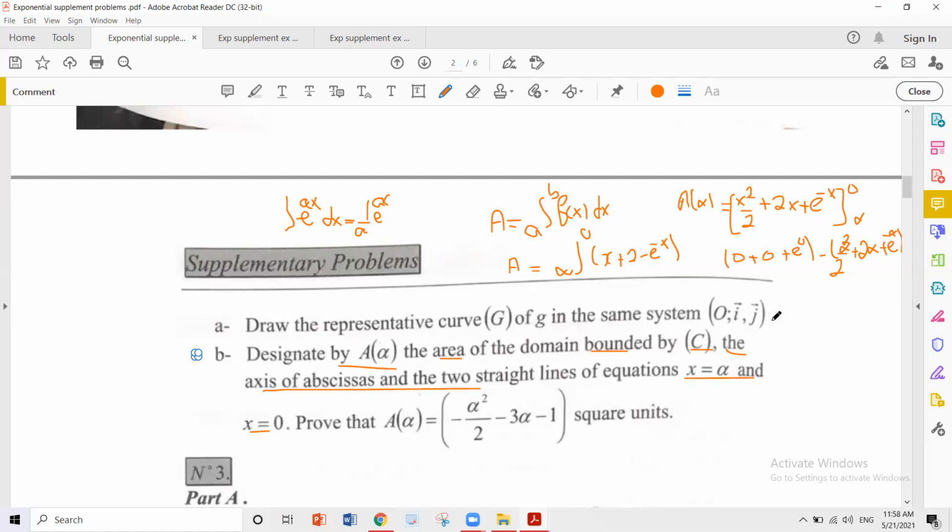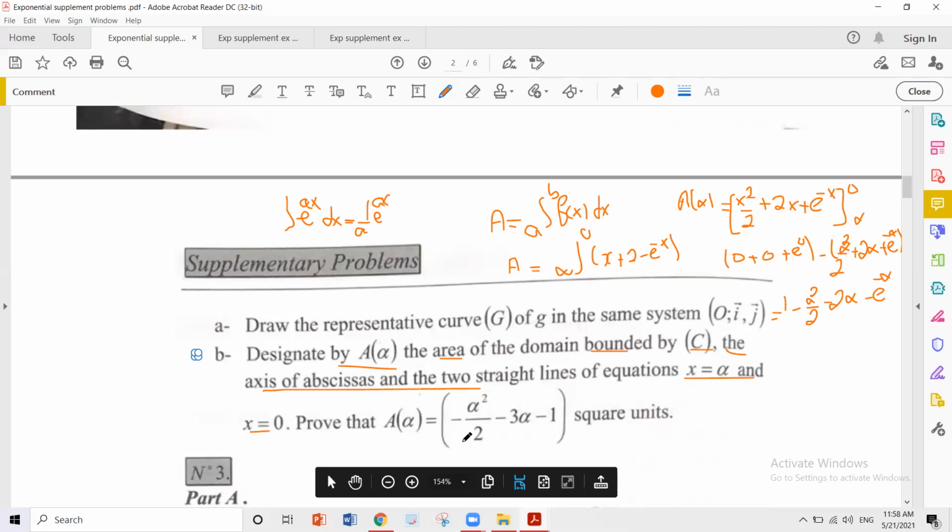Equals 1 minus alpha squared over 2 minus 2 alpha minus e to the minus alpha.